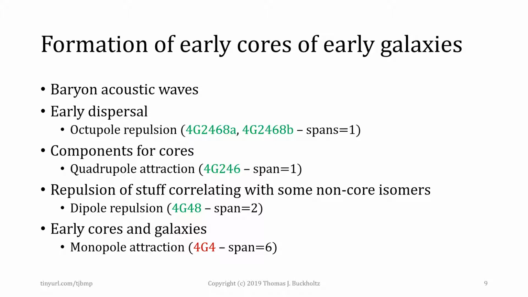Each single isomer clump repels, via dipole dark energy repulsion, stuff correlating with one other isomer. Based on monopole gravitational attraction, clumps correlating with 1, 2, or 3 isomers form early cores for galaxies. The galaxies then accumulate nearby stuff via monopole gravitational attraction.